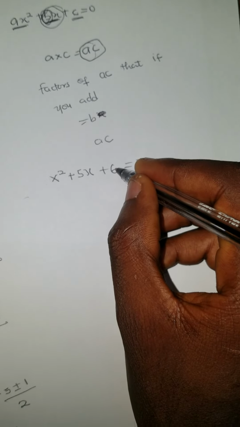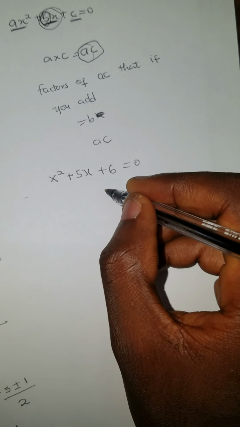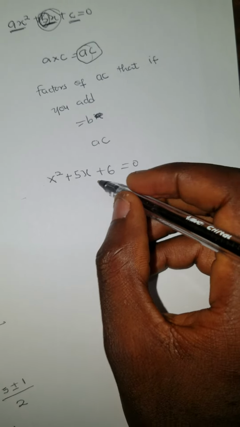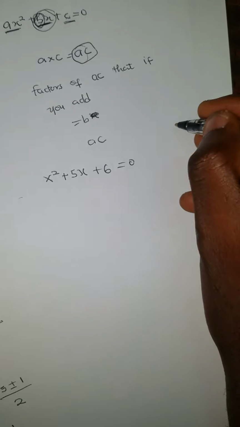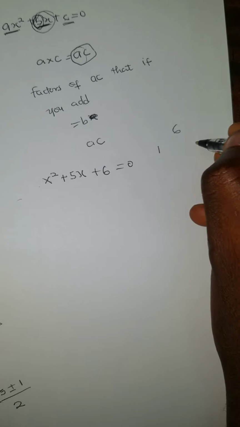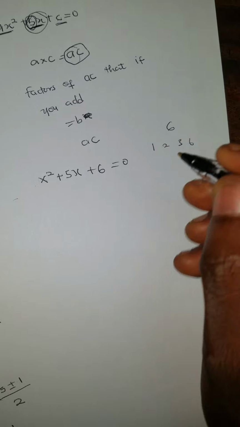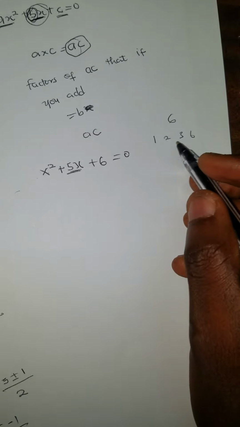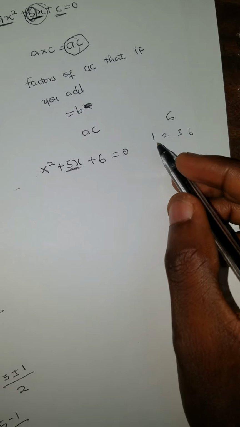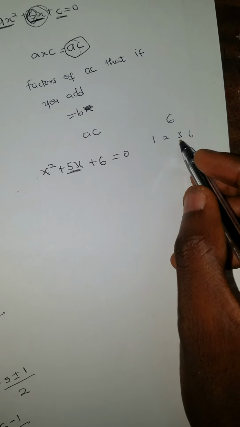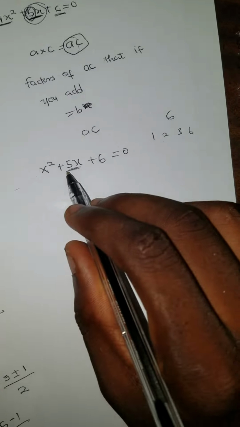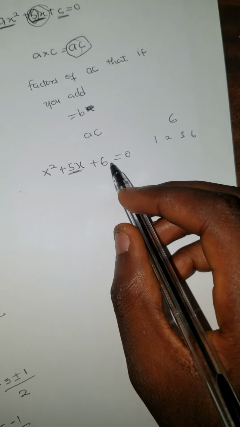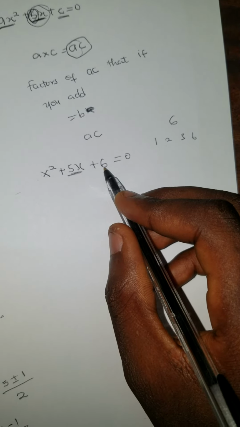If you multiply it by the constant c, you get 6. So factors of 6: 1, 6, 2, 3. That if you add, you get 5, and if you multiply, you get 6. So it is 2 and 3.